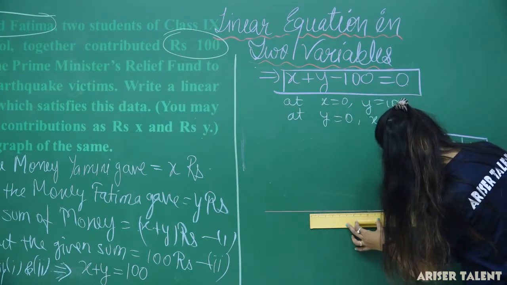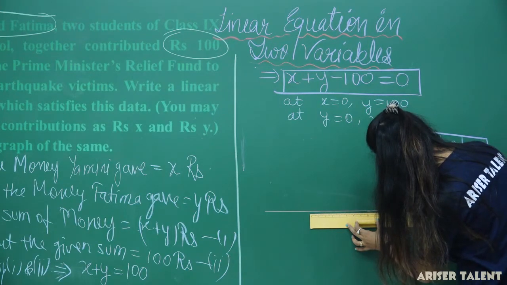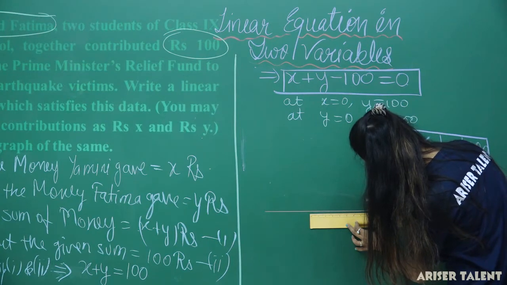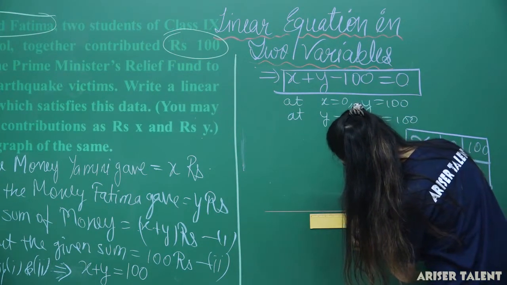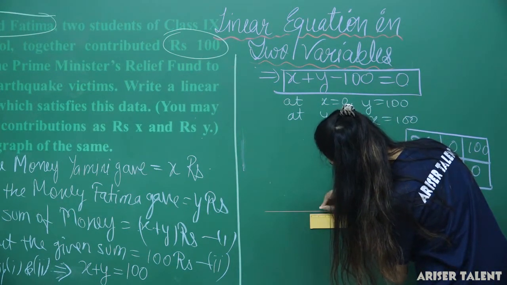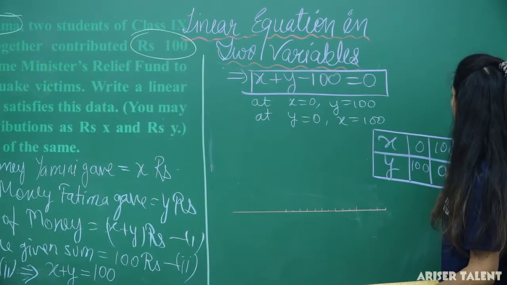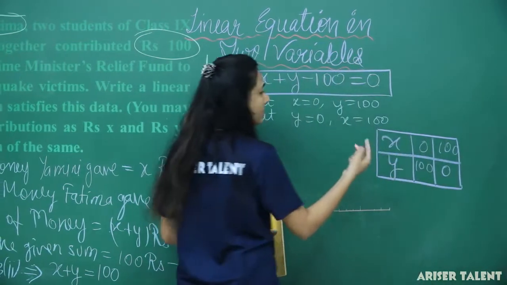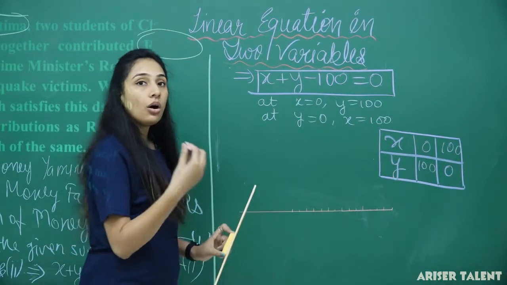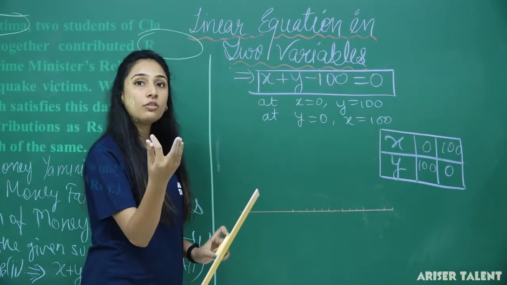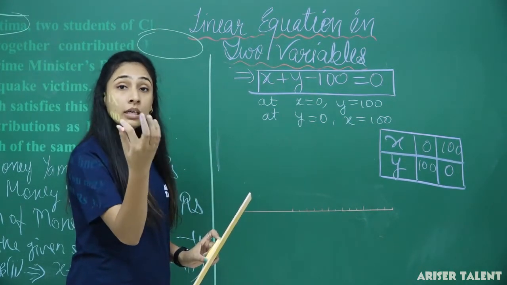Okay, so here it is, 1, 2, 3, 4, 5, 6, 7, 8, 9, 10, 1, 2, 3, 4, 5. Now look at this, the abscissas and the ordinates are all positive. So we are getting positive abscissa and positive ordinate in the first quadrant.